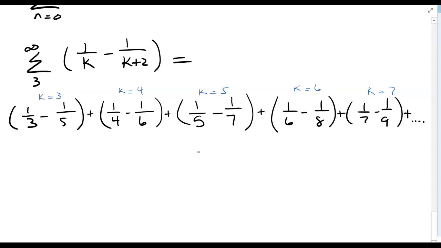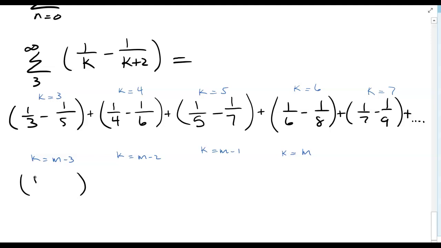I'm going to put in a couple terms, k equaling m, then k equaling m minus 1, k equaling m minus 2, k equaling m minus 3.